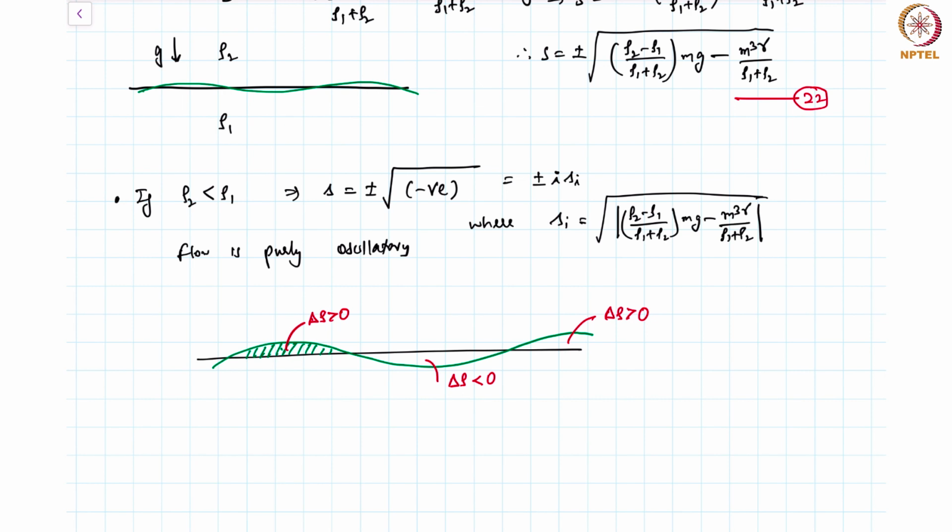So if the density difference is greater than 0, gravity tends to pull it downwards, right? Gravity restores the interface shape.